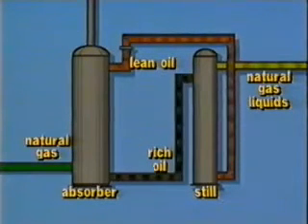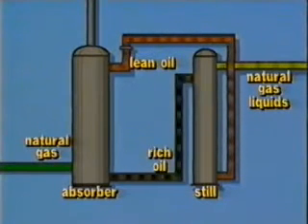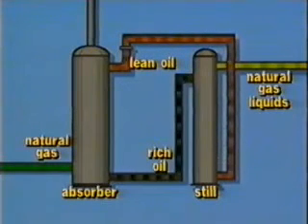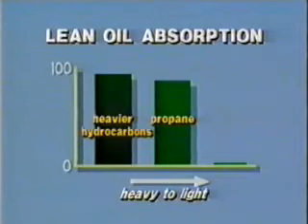Because of the high energy requirements, lean oil absorption is not very energy efficient, and therefore it's relatively expensive to operate. 90 to 95% of the propane and 98 to 100% of the heavier hydrocarbons can be separated and recovered with this method. Lean oil absorption, however, recovers little or none of the ethane.